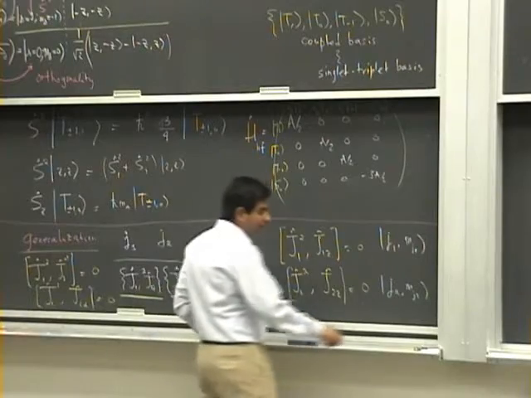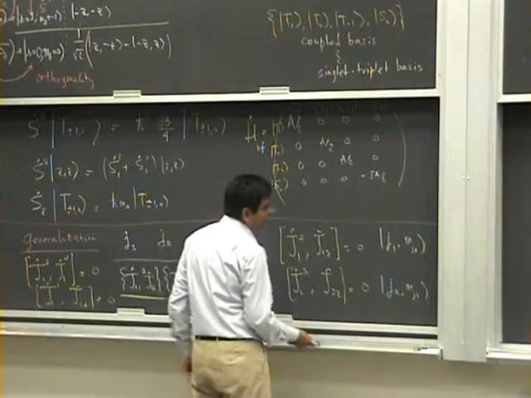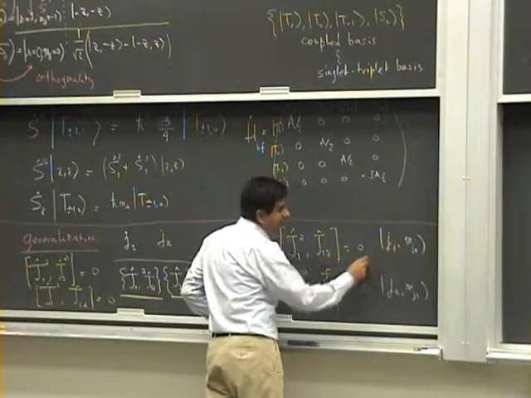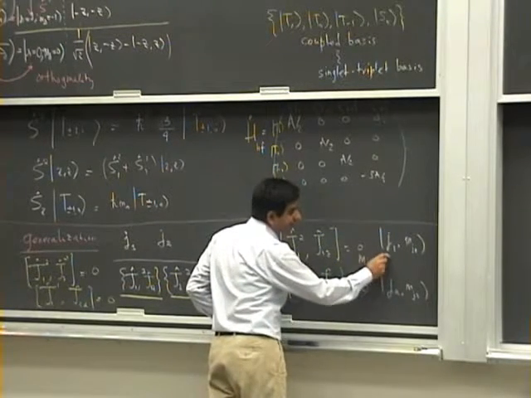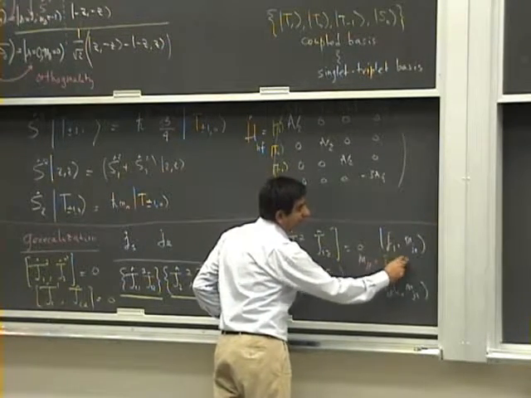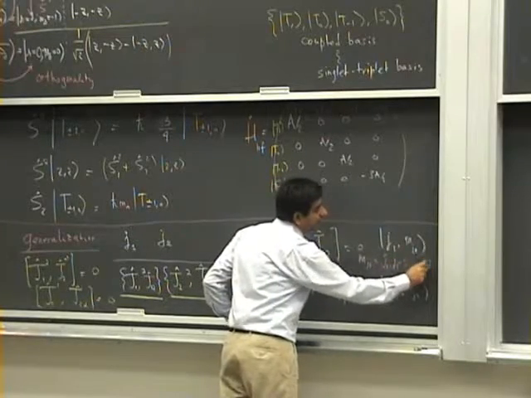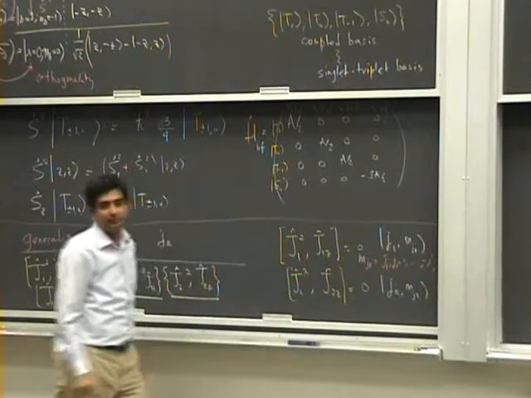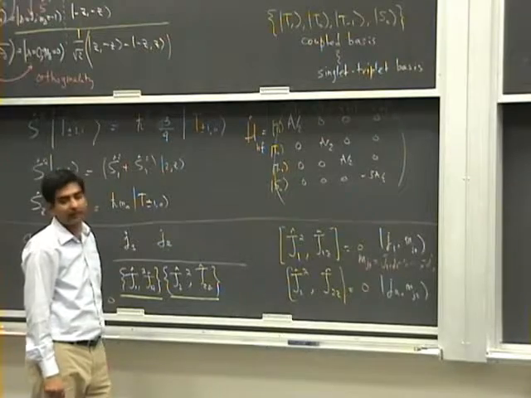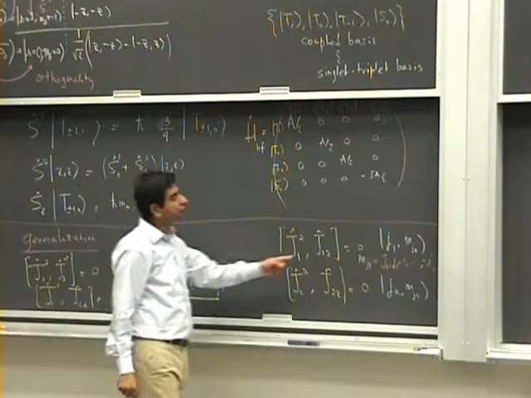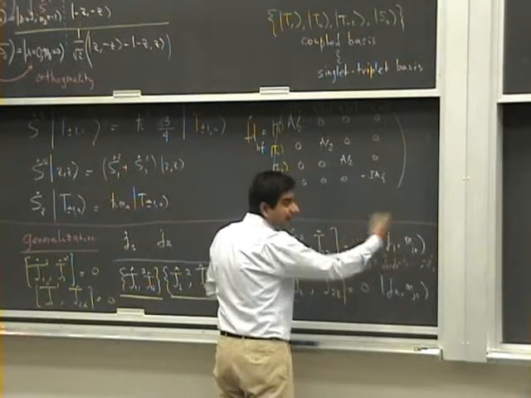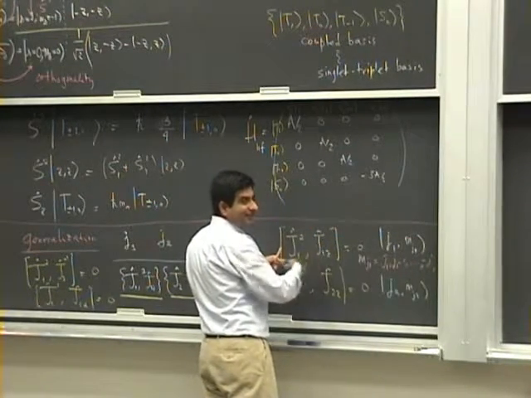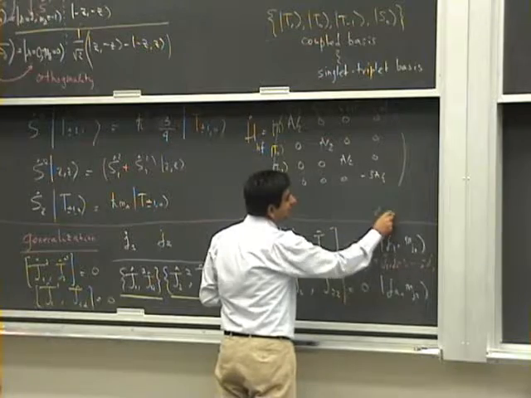Now we know from our discussions on angular momentum that this mj1 can take up values j1, j1 minus 1, all the way down to minus j1. Correct? So the number of eigenstates which are joint eigenstates of these operators is 2j1 plus 1.